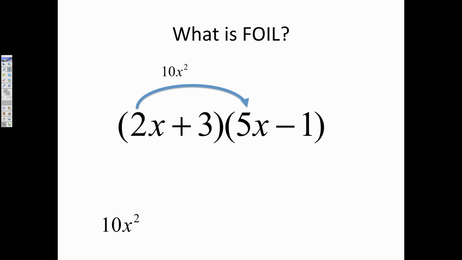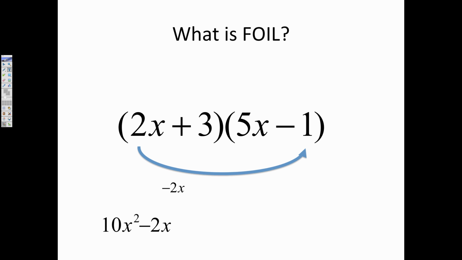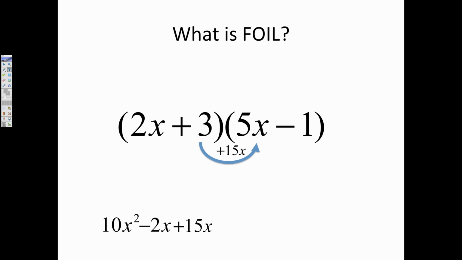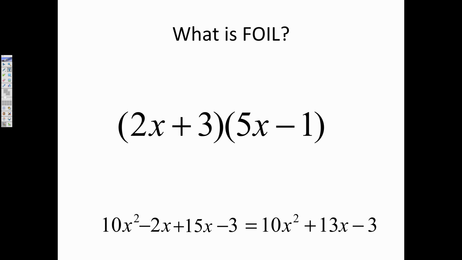Next, you multiply the outer terms, 2x times negative 1, giving you negative 2x. Next, you multiply the inner two terms, 3 times 5x, giving you 15x. And then you multiply the last terms in each. That's 3 times negative 1 is negative 3. And then add the results together, and you get 10x squared plus 13x minus 3.